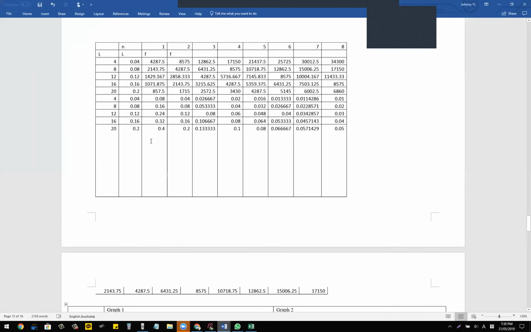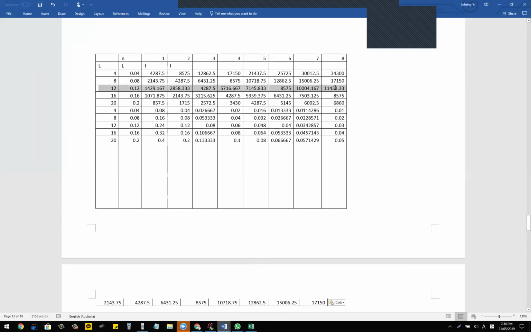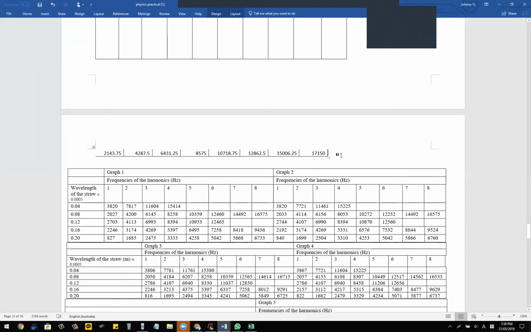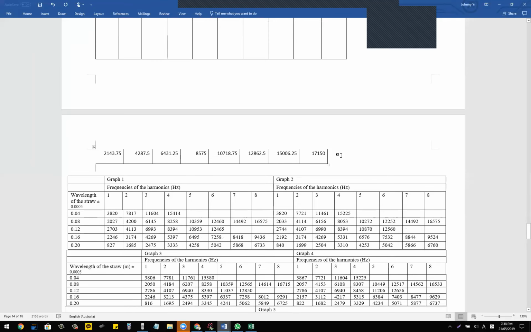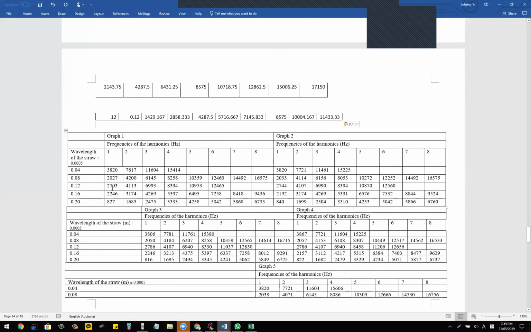So if we look at 12 centimeter, let's compare that with the result. 12 centimeter, this one here. So you start from here, right? That one and that one. So this is not the first harmonic.